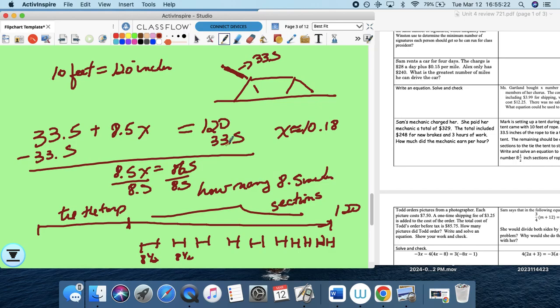The next one would be 0.18 of 8.5, and that's our answer. But in the context of this story, we can only have 10 8.5 inch sections.